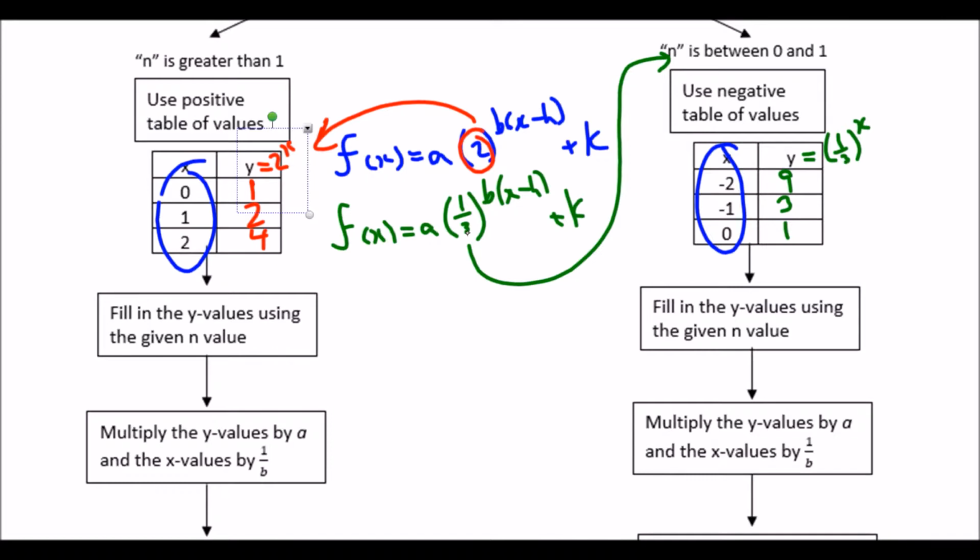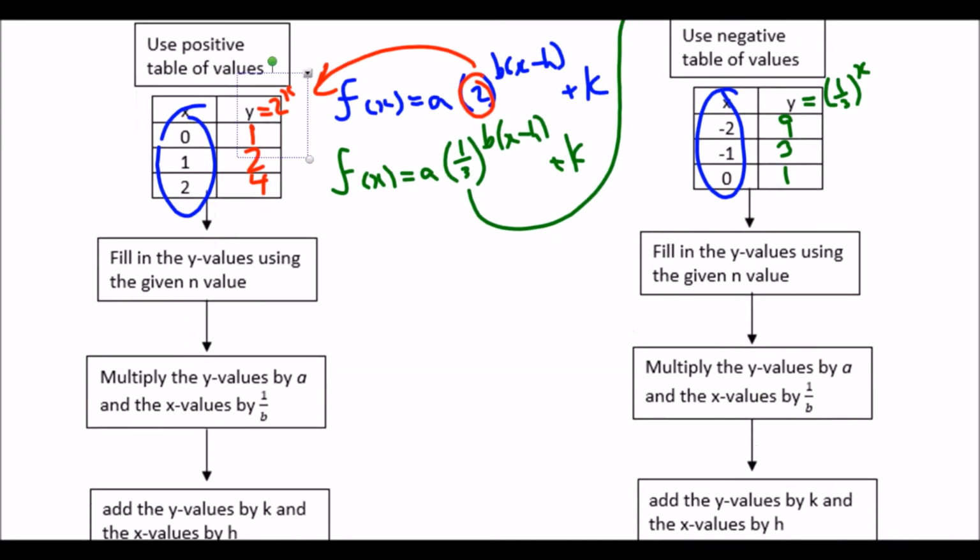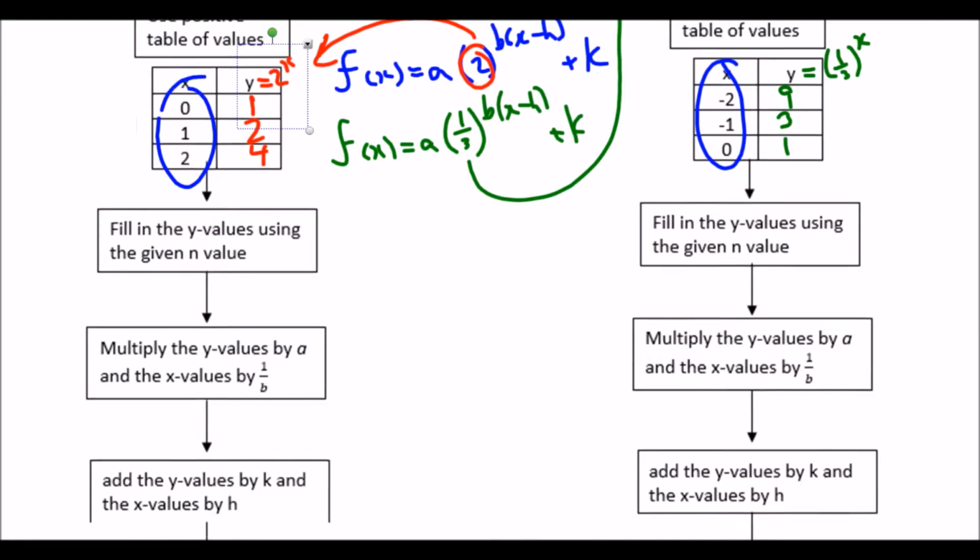So again, depending on the base, if it's bigger than 1, we're going to use positive 0, 1, 2. If it's between 0 and 1, we're going to use negative 2, negative 1, 0, because it's increasing versus decreasing. So then we find the y values, which is what I did. Then we're going to multiply the y values by a and the x values by 1 over b.